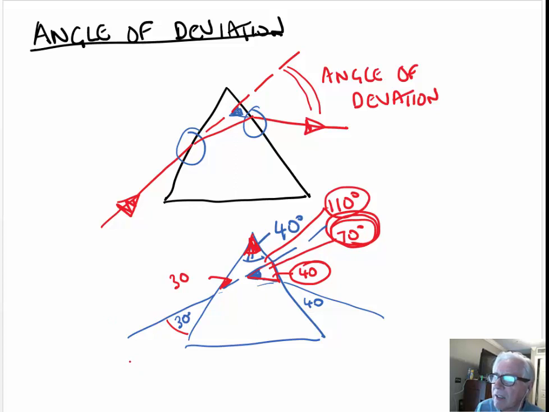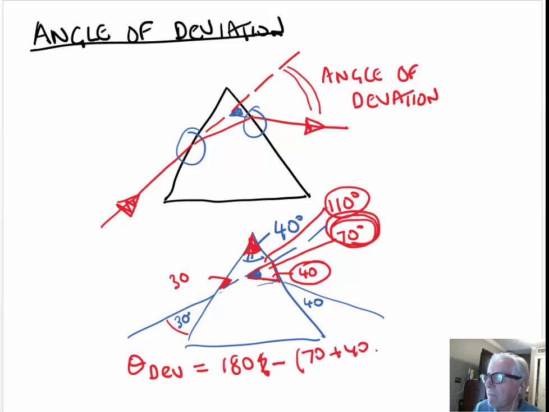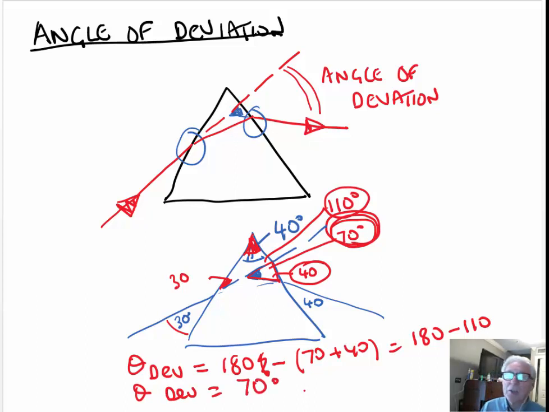The angle of deviation is equal to 180 minus (70 plus 40), which equals 180 minus 110. So my angle of deviation is equal to 70 degrees. And that could be a test question. That's a pretty straightforward test question. Cool.